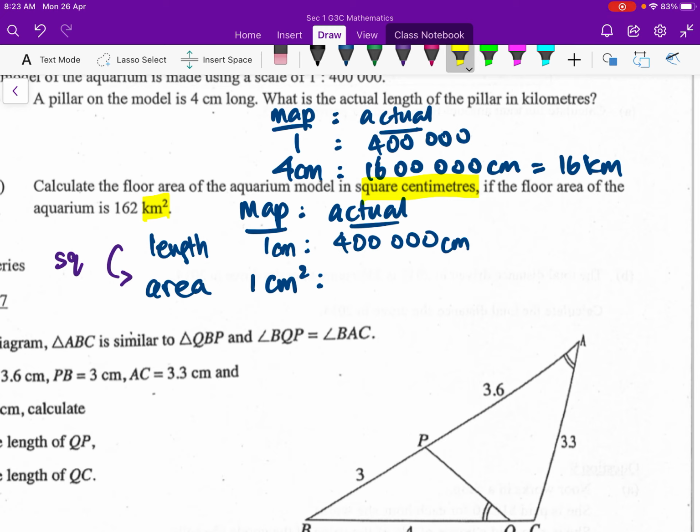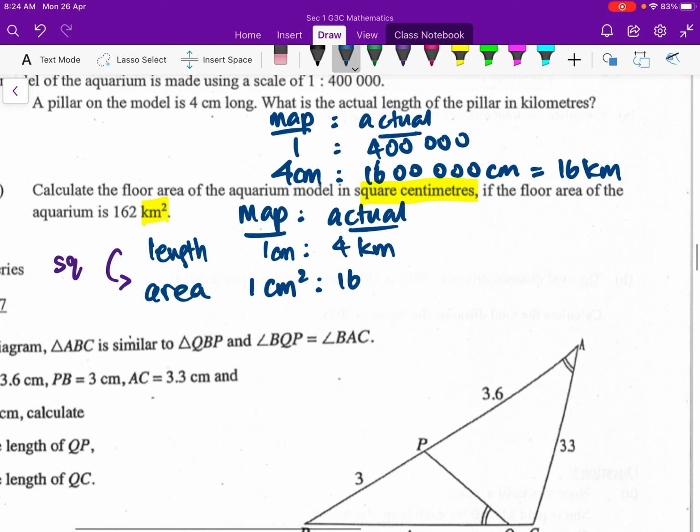Since they wanted km square to cm square, you give the ratio of length cm to km. So instead of 400,000 cm, we have simply 4 km. So the ratio of the area now becomes very manageable. We get 16 square km. Okay? Don't need to deal with humongous numbers.